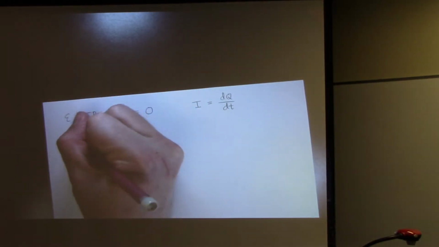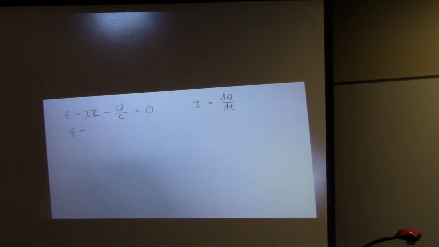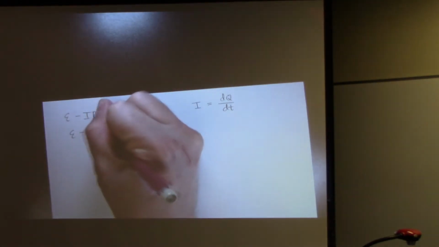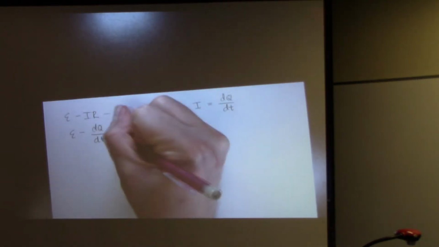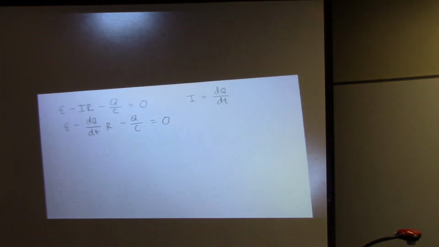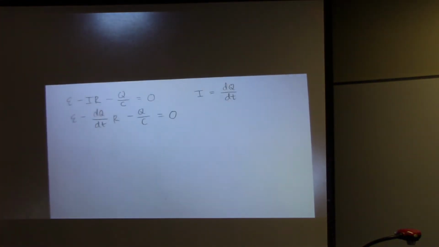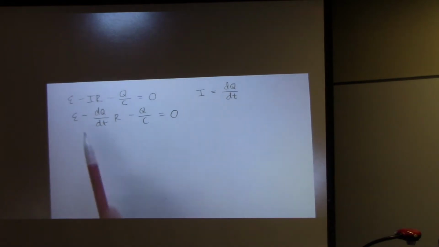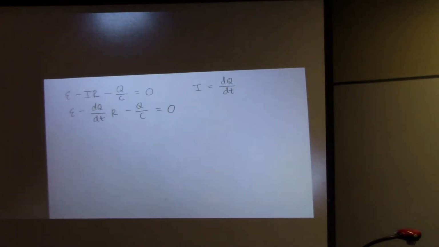So whenever I see the I in this equation, I'm going to replace it with dq by dt. Remember what I said earlier, this is not just an algebraic equation, this is a differential equation. You see the derivative of q as well as q itself popping up in the same equation. So again, this is more than just algebra, we are going to have to solve this using calculus.